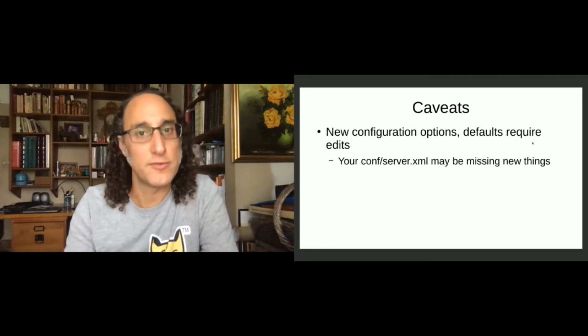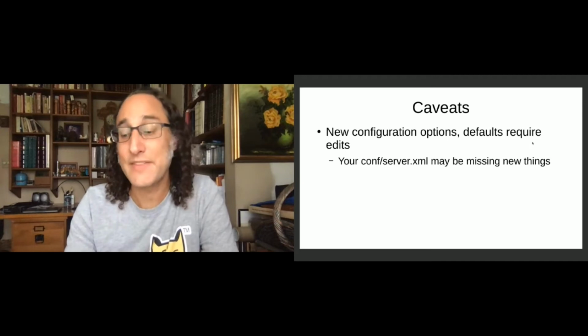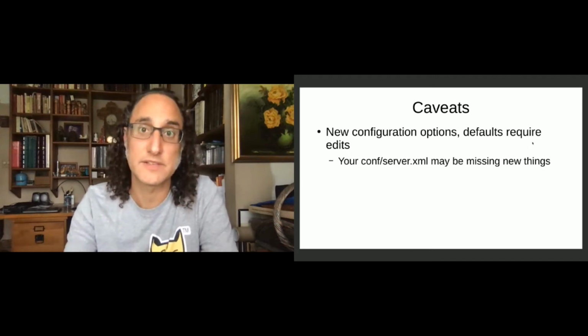And anyone who followed this process would have found that if they used the AJP connector, their application probably would not have worked just by following these upgrade procedures. You would need to change your configuration. And that's a very rare occurrence, but it sometimes does happen.